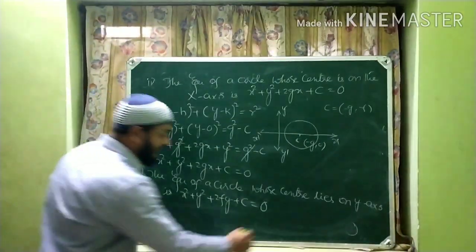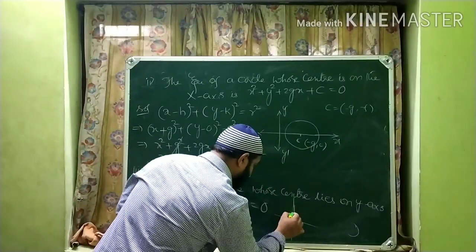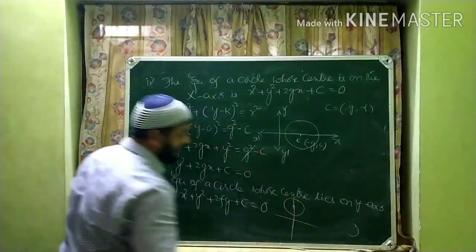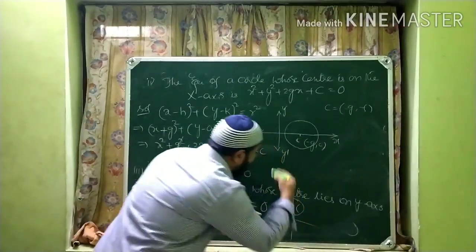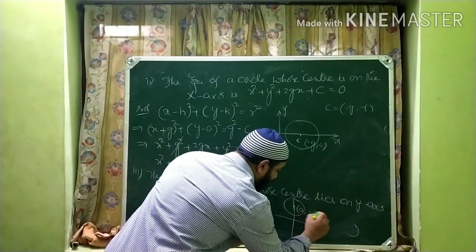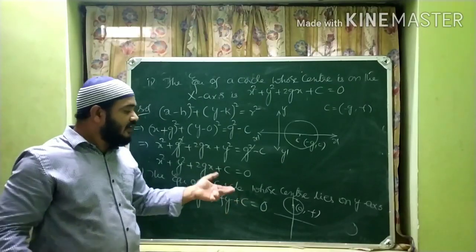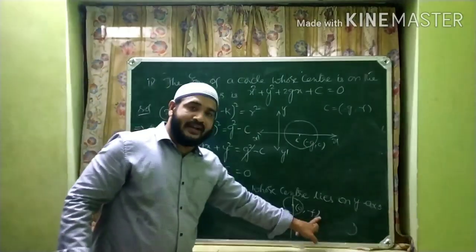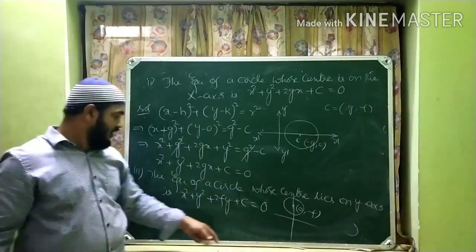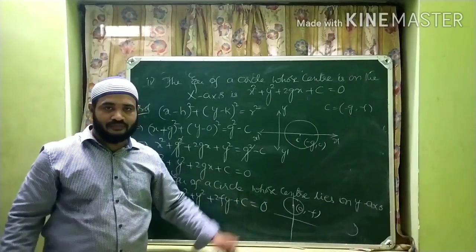So that means the supposed diagram of this would be like this. This time the circle will be like this. So here minus g, minus f. So here 0 comma minus f. And radius is as usual g square plus f square minus c, where g square will be 0, f square minus c. And if you do the same steps, then we'll get the ultimate x square plus y square plus 2fy plus c equals 0.